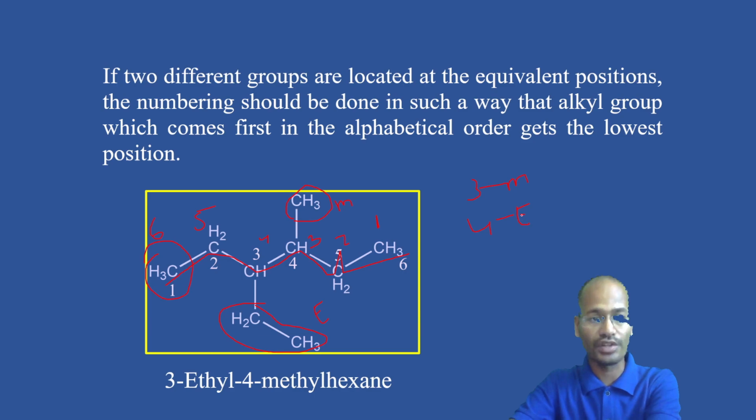So that's what this rule is trying to tell you. The alphabetically first substituent should be given the least possible number, if possible, which means numbering should be started from this side only, so that the third carbon gets ethyl, and the name is going to be 3-ethyl 4-methyl hexane, and this is the correct way of representation.